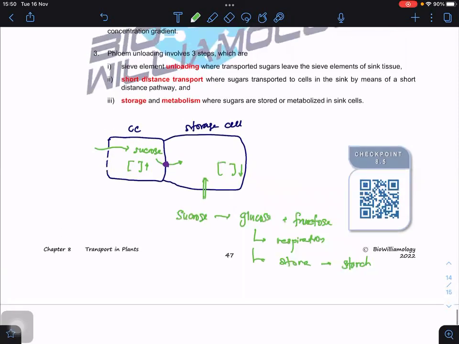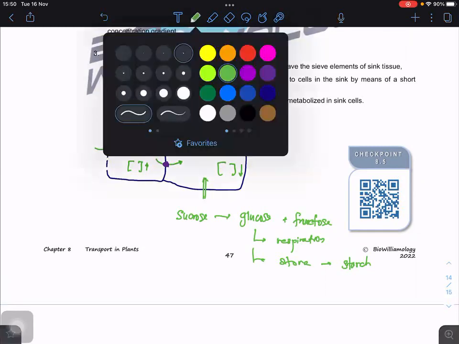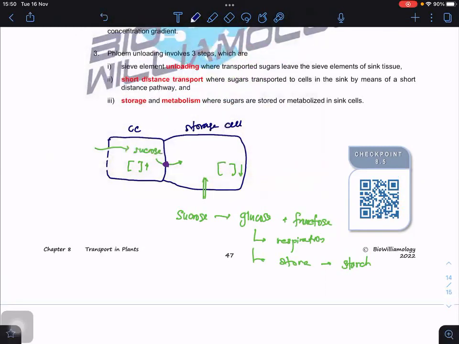So generally, it involves 3 steps: unloading from the sieve element and companion cell, then short distance travel to the storage cells, and then we store it or carry out metabolism to remove the glucose.